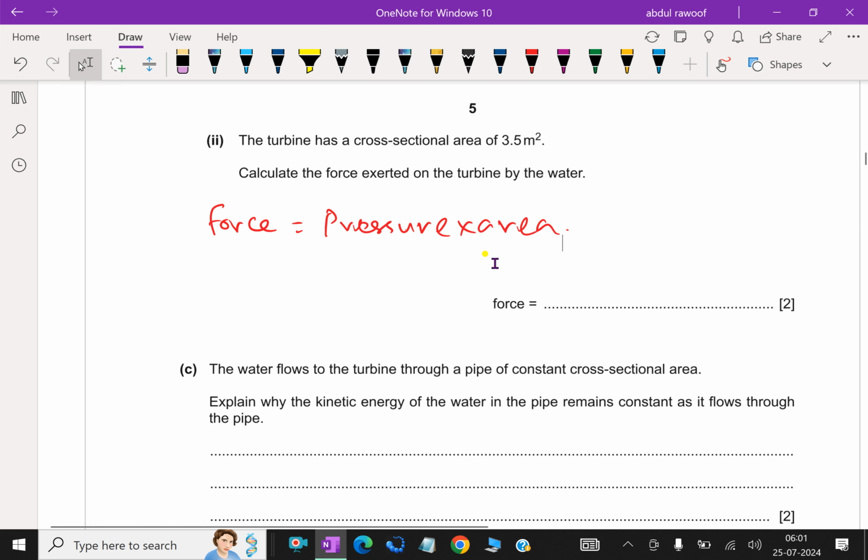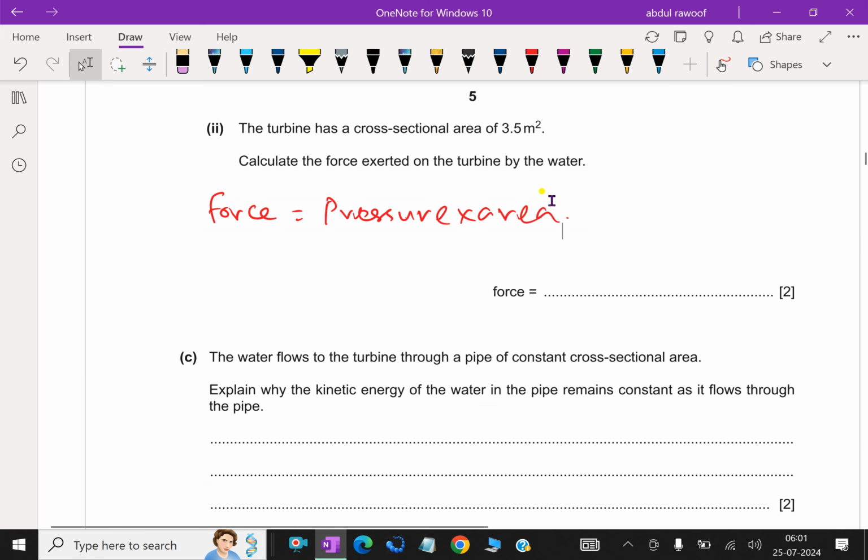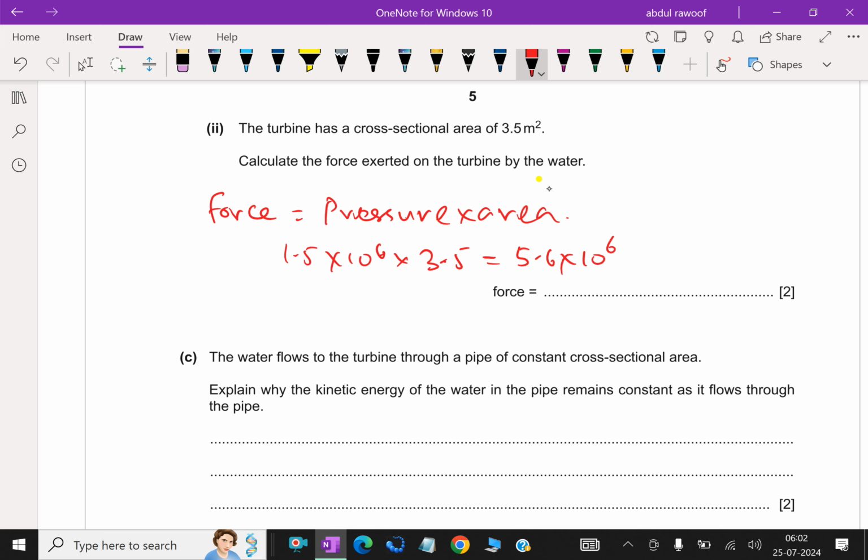Pressure we have 1.5 into 10 power 6, into 3.5 Newton. Multiplying it gives 5.6 into 10 power 6 Newton. Therefore, the answer is 5.6 into 10 power 6 Newton. That much force is available at the base of the turbine.